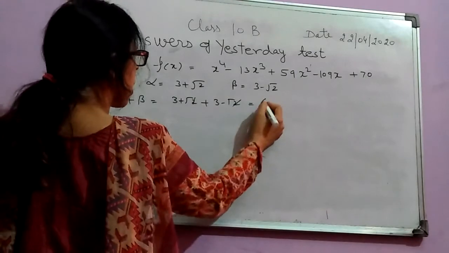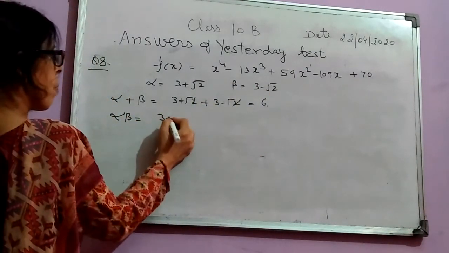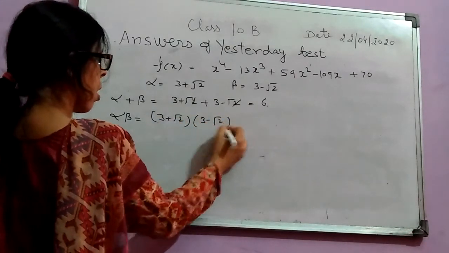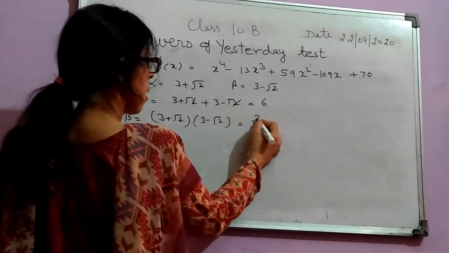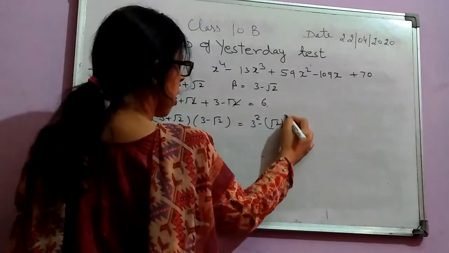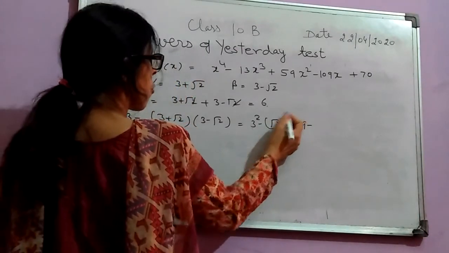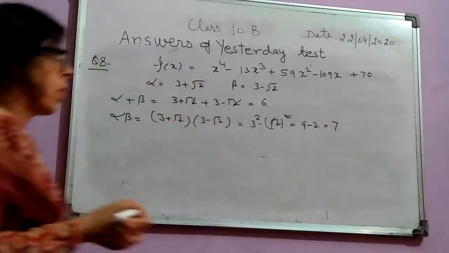It is 6. Then find the product of zeros, alpha beta: 3 plus root 2 times 3 minus root 2. Now the formula is (a plus b)(a minus b), it is a square minus b square. It is 9 minus, ये आपका स्क्वायर से रूट कैंसिल हो जाएगा, 9 minus 2, it is 7.